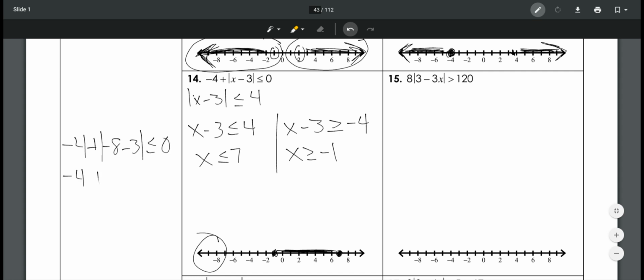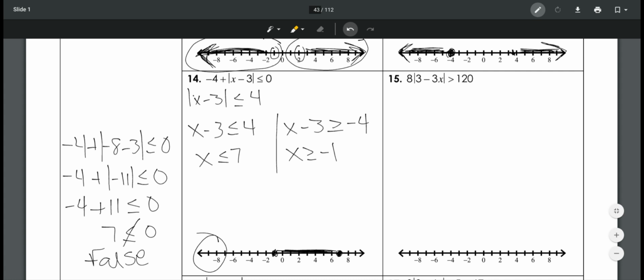That's negative 4 plus the absolute value of negative 11, which should be less than or equal to 0. That is negative 4 plus 11, less than or equal to 0. And 7 is not less than or equal to 0. That is a false statement. Therefore, negative 8 should not be a part of your solution set because it does not satisfy the given inequality.